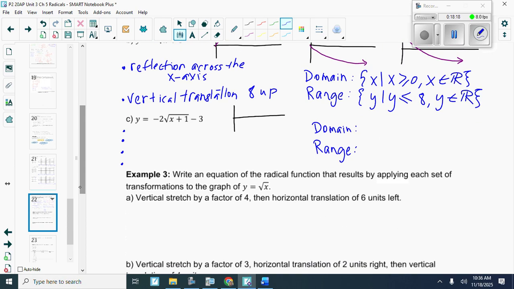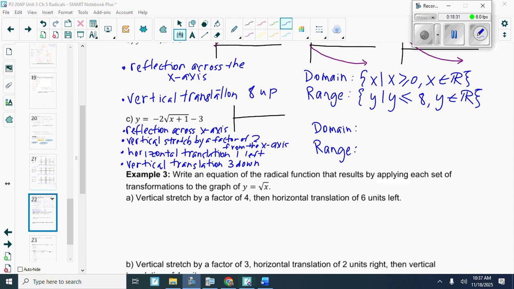C puts all 4 together with not a lot of room, so see if you can cram all your words in part C. When we take a look at this, we have a reflection across the x-axis. Just a reminder: once you say there's a reflection, that uses up the negative sign.